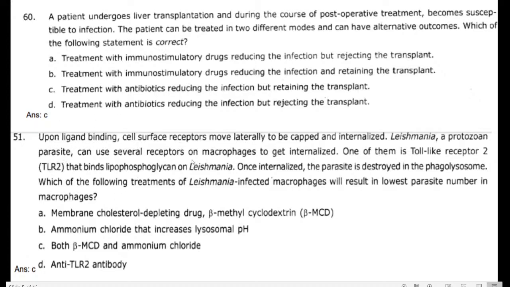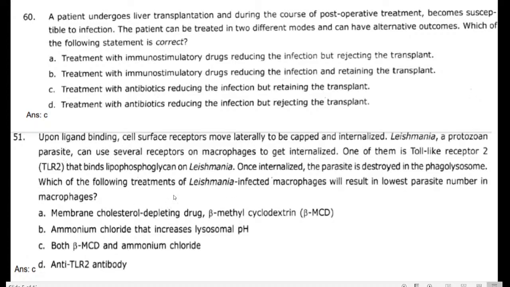Okay, the first three lines are statements. Just to read them again: upon ligand binding, cell surface receptors move laterally to be capped and internalized. Leishmania, a protozoan parasite, can use several receptors on macrophages to get internalized. One of them is a toll-like receptor, helpful for internalization, that binds lipophosphoglycan on Leishmania. Once internalized, the parasite is destroyed in a phagolysosome.